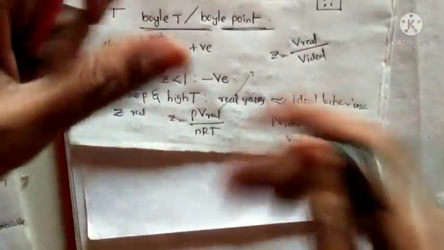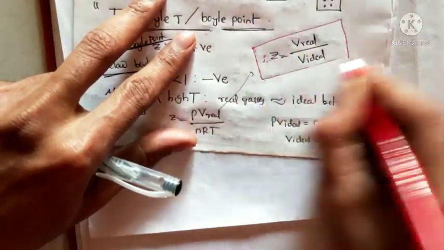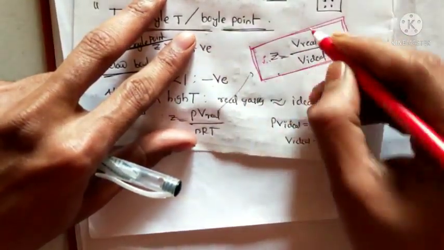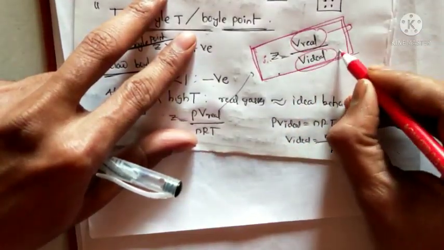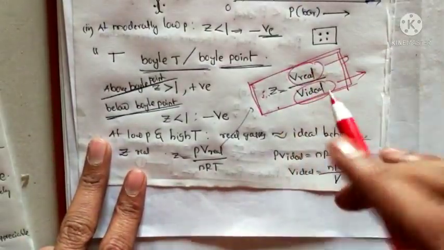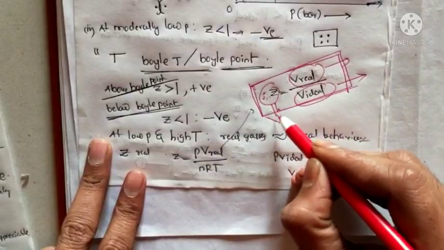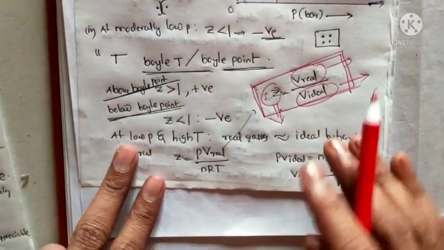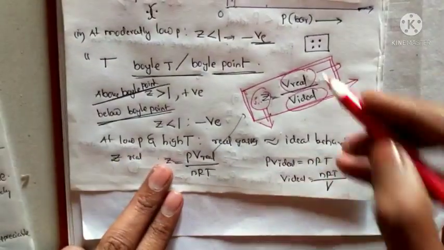So the compressibility factor is also the ratio of the molar volume of real gases to the molar volume of ideal gases, and the compressibility factor can measure the deviation of real gases from ideal gas behavior. So this is the conclusion.